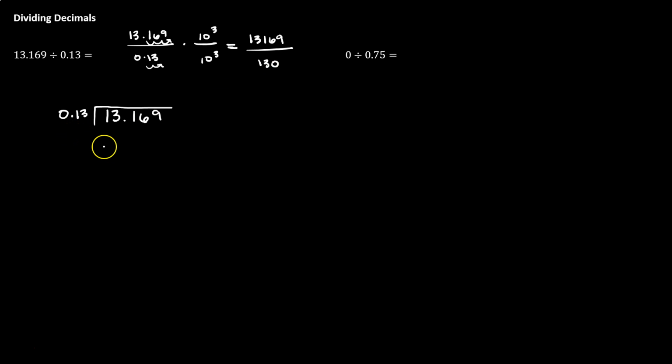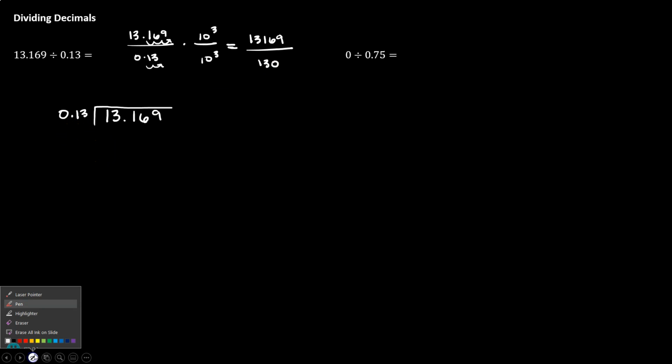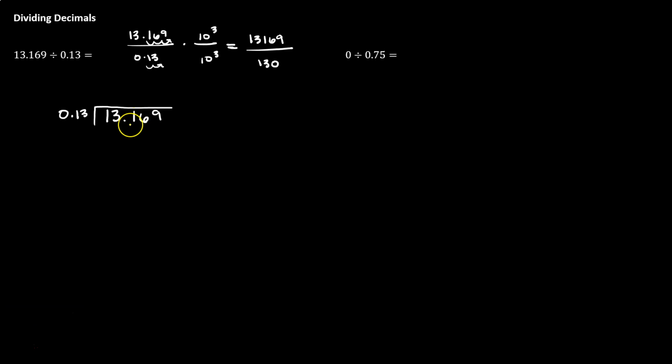So what we do, and we teach this to elementary students, is you look at the divisor, and you need to move the decimal as many times as needed to eliminate the decimal in the divisor. We need to move it twice so that it becomes 13. However many times you move it in the divisor, you move that same number of times in the dividend.